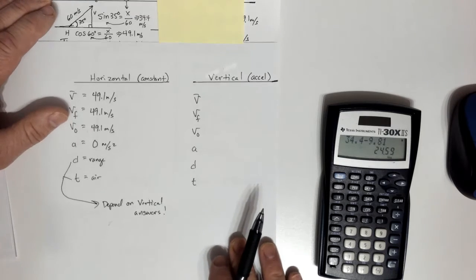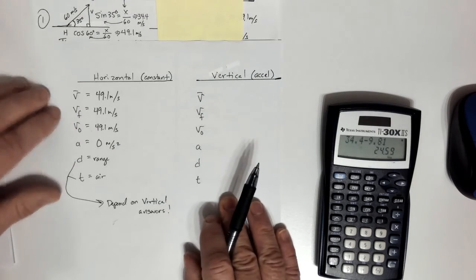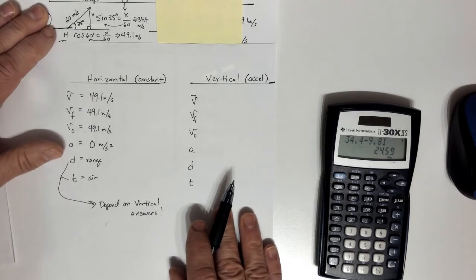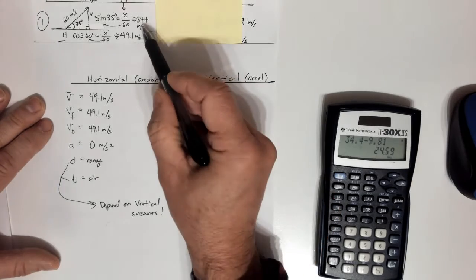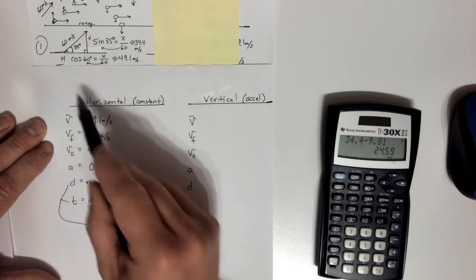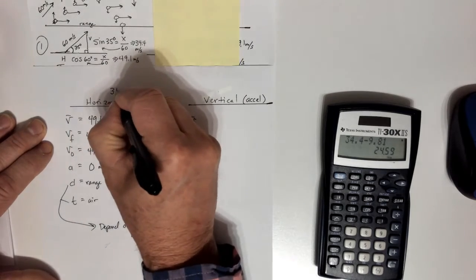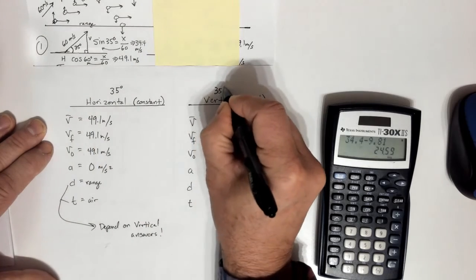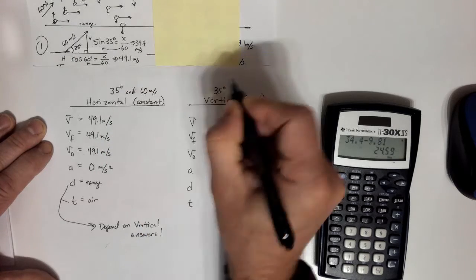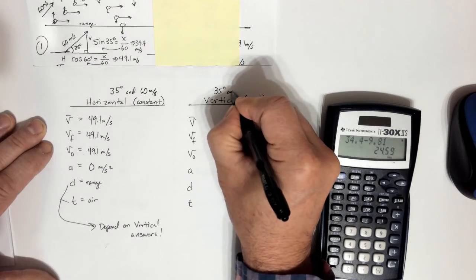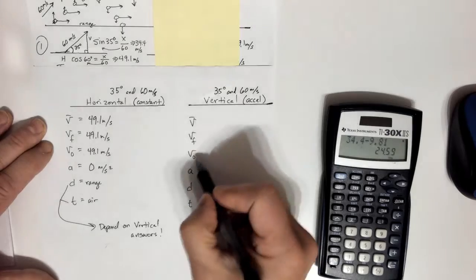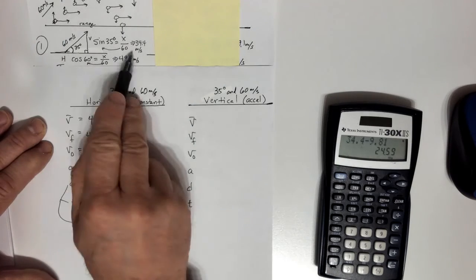We'll move this up here. We have our numbers here we're working with, and we've got to have our vertical, and okay? So we know that vertically we are starting off going upward. So we started off at an upward speed of 34.4 in this scenario at 35 degrees and 60 meters per second.